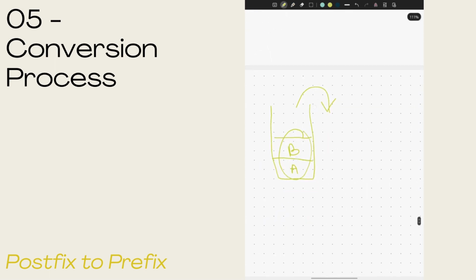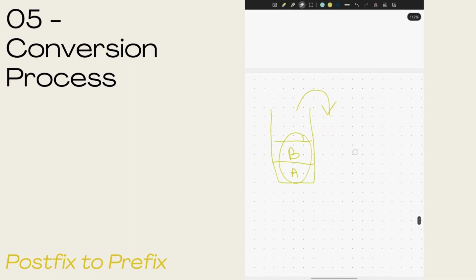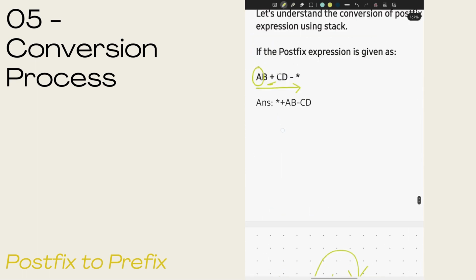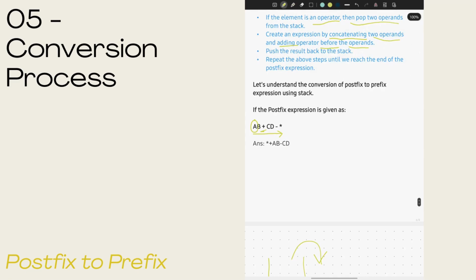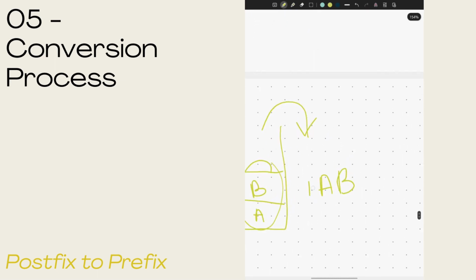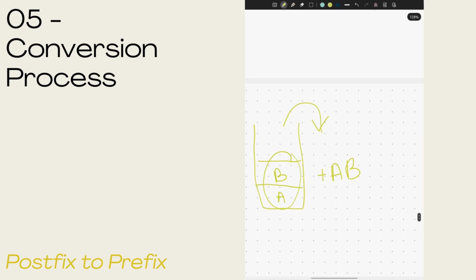You need to remember in this conversion, we don't do it like this, okay? We need to do it like this. B, and then A, okay? And then the operator, in the rules, we need to add operator before the operand. So here is the operand, so we add plus before the operands.